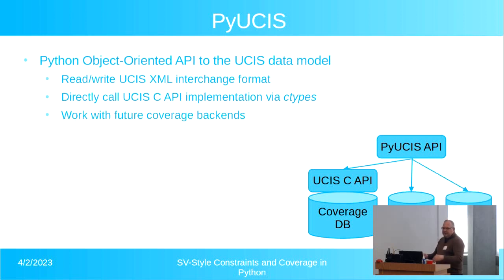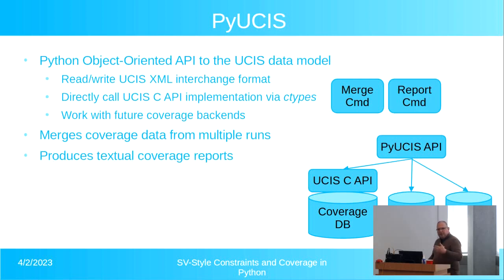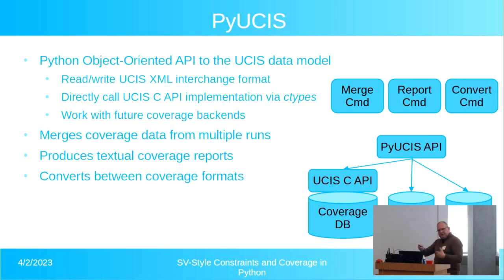And it's set up to support other backends. So if somebody wanted to define, let's say, an SQL schema, you could use that via the UCIS API. It also provides some commands on top, for example, to merge coverage data together, to report it out to various textual formats, as well as to do some conversion between formats.